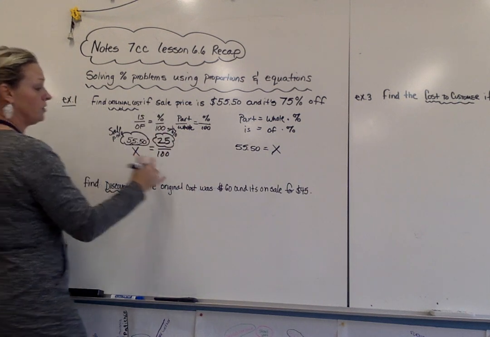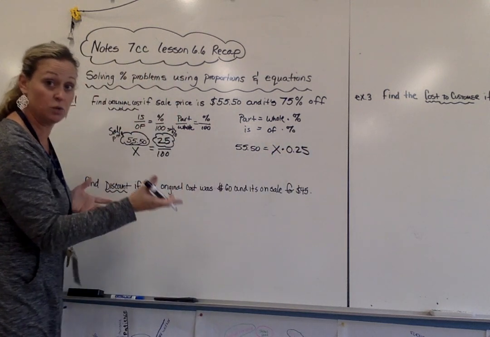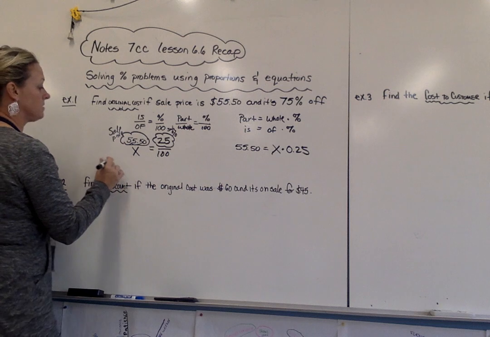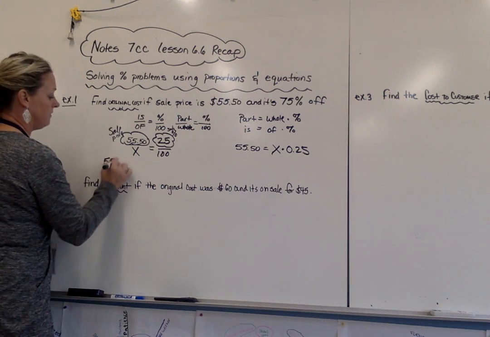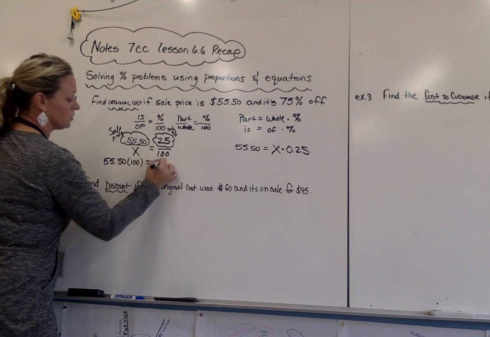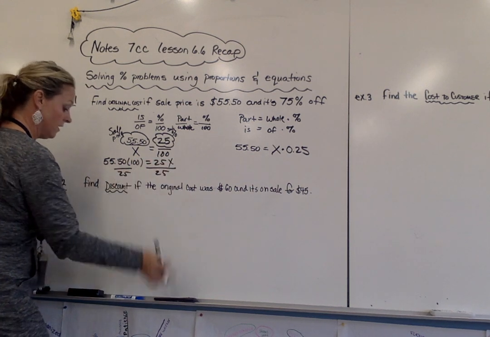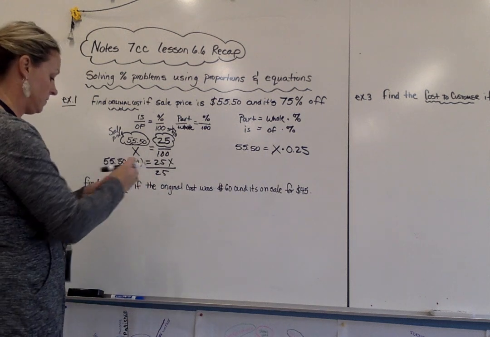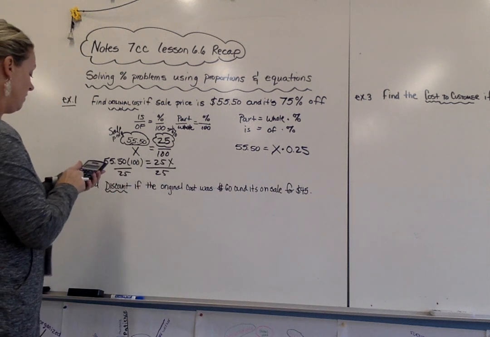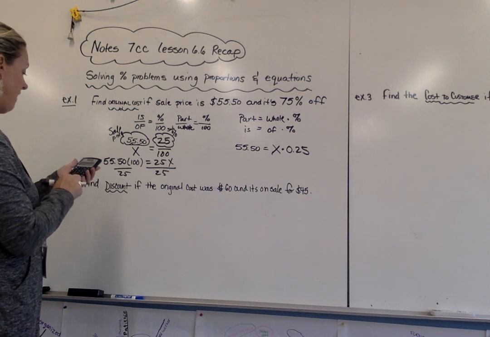So now I have my proportion, and this over here would be 0.25 because I changed that to a decimal. And now I can solve my proportion. 55 and 50 cents times 100 equals 25x. And I divide both sides by 25. This is a calculator unit, so I can go ahead and do 5,500 divided by 25.